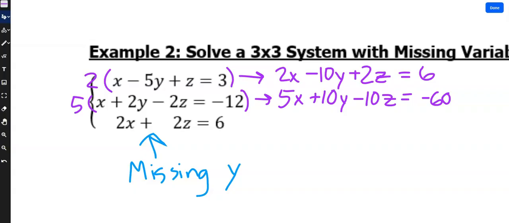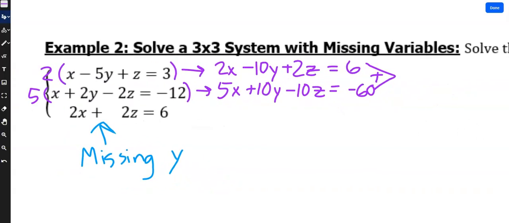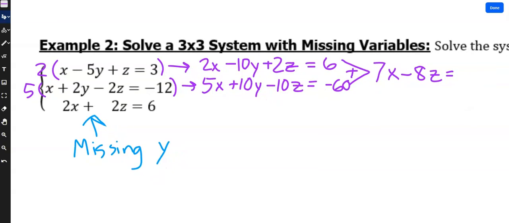So now I can add these two equations together. And if I do that, I get 7x, the y's disappear like I wanted them to, minus 8z, and on the other side, 6 minus 60 would be negative 54.